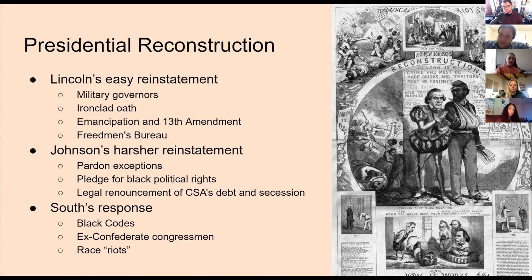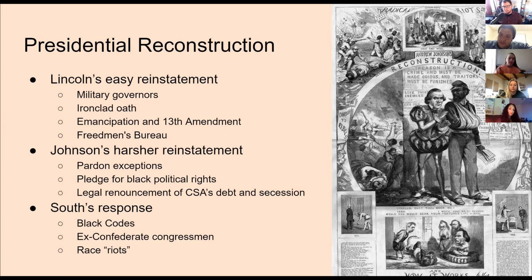On top of that, since in 1865, Johnson had appointed provisional governors, although they were still military governors, but they were considered provisional. The South tried to send congressmen to Congress, but they sent a bunch of ex-Confederate leaders.